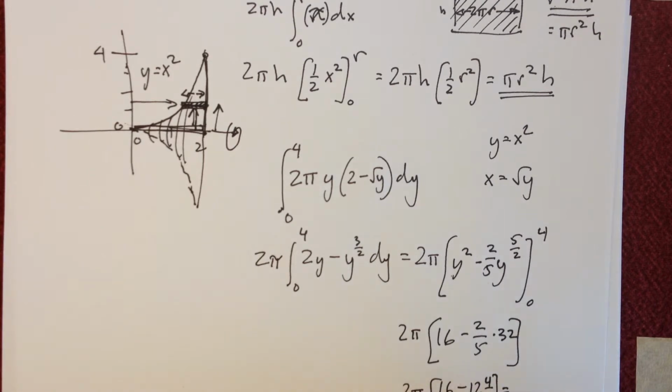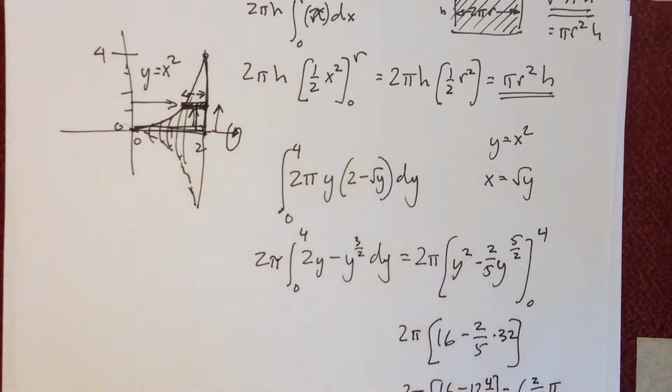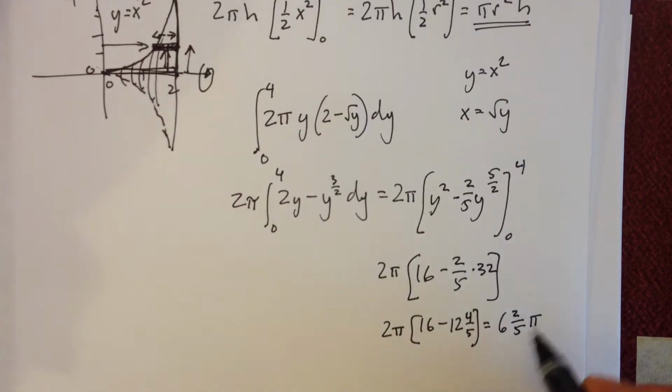Then if I do this math, that is going to be 3 1/5 times 2. That's 6 2/5 pi.